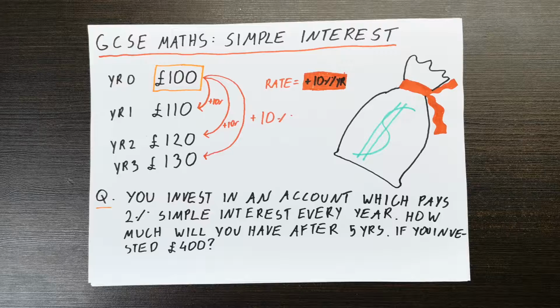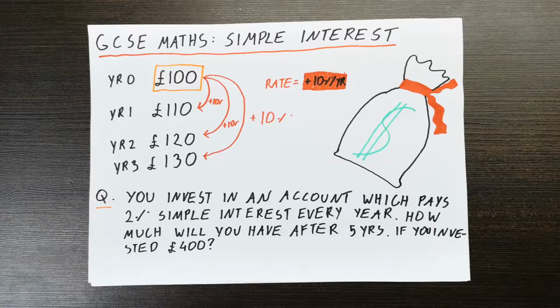So, what is simple interest? Well, simple interest usually refers to when you pay money into some account or when you invest in anything. When you pay money in, you will get a fixed rate, every year or sometimes every 3 months. You will get a fixed percentage of your money.